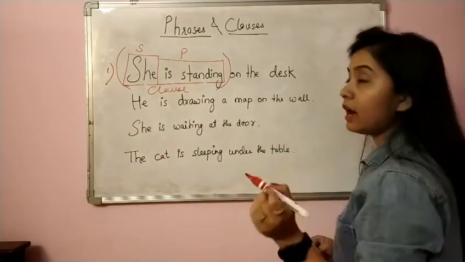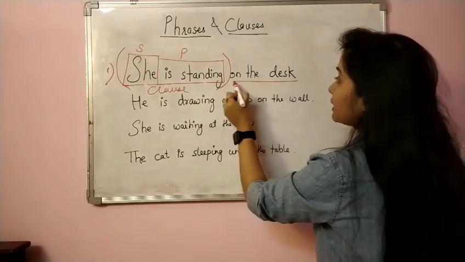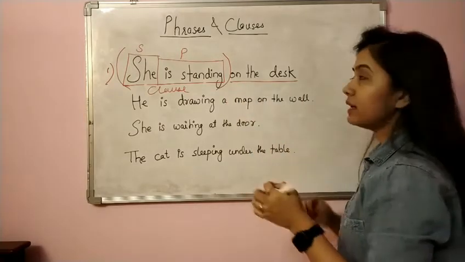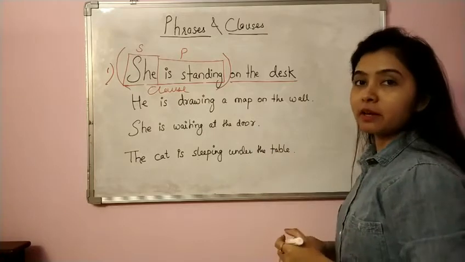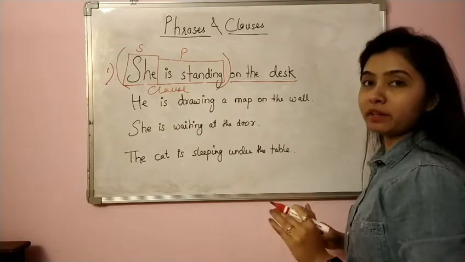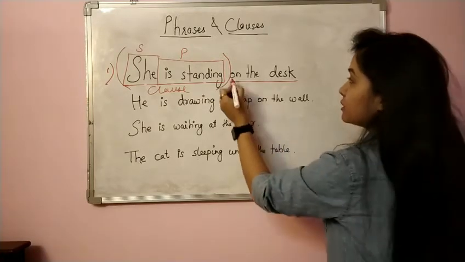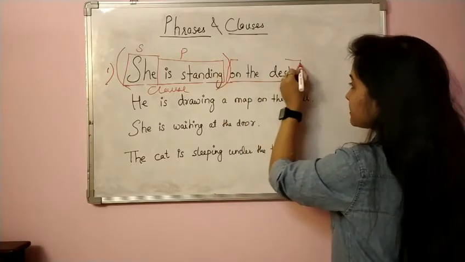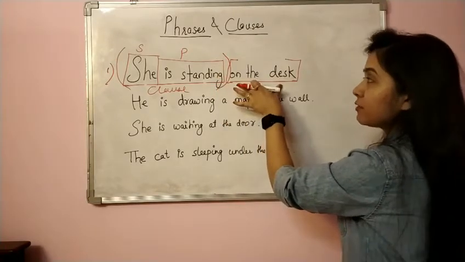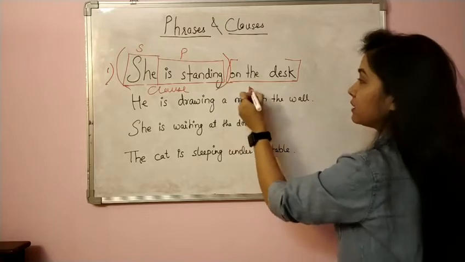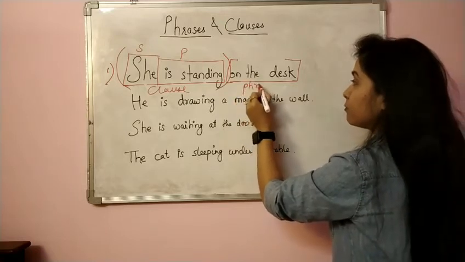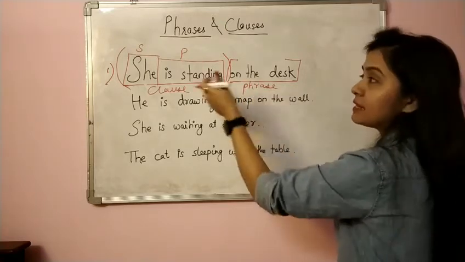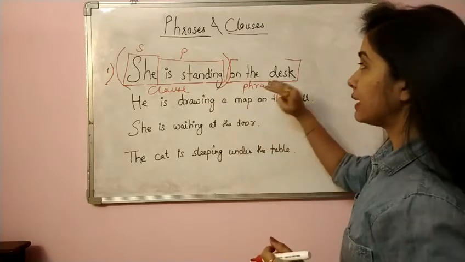ठीक है. Now the next part is on the desk. Desk के ऊपर. It is giving partial meaning, but not complete meaning. That means this is the phrase. So this part of the sentence, a group of words which is giving some meaning but not complete meaning, is known as a phrase. Now read this sentence again: she is standing on the desk.